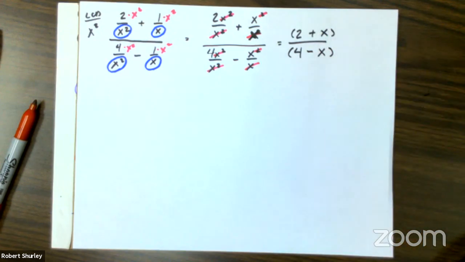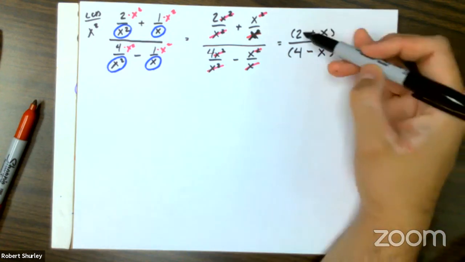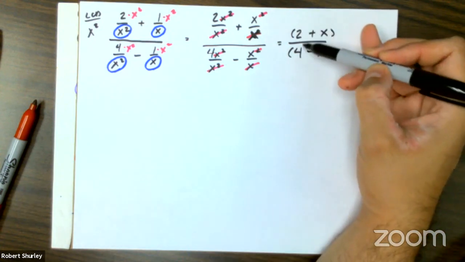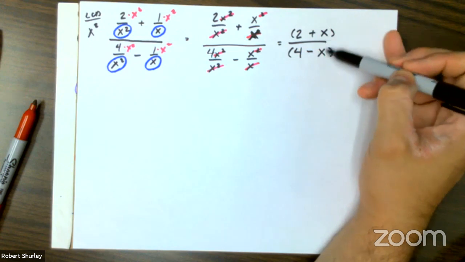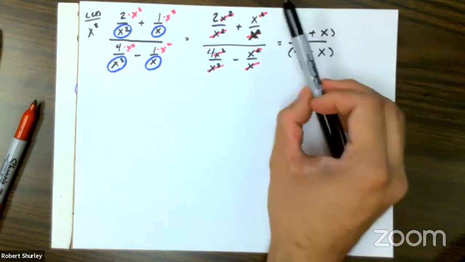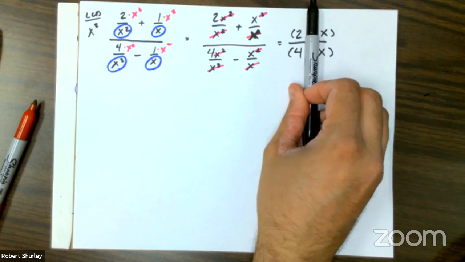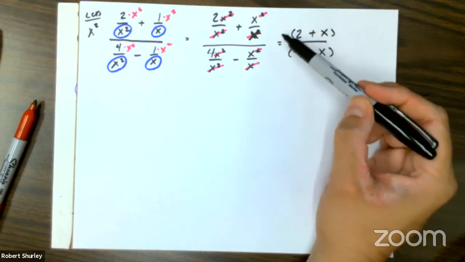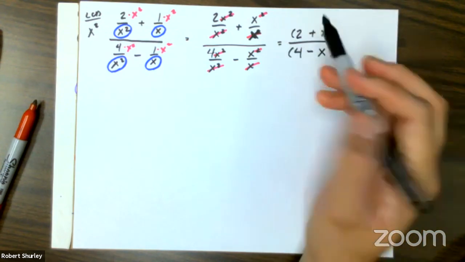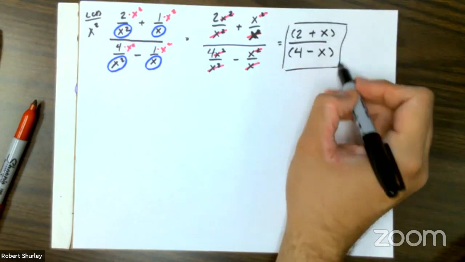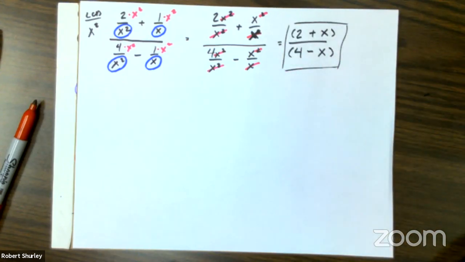That would be the most common mistake I would see on this test, okay? You guys wanted to keep going because your brain thinks 2 over 4 and x over x simplifies, which it would if we didn't have subtraction or addition there, okay? It totally would. But this is an entire factor, and this is an entire factor. So we're done. This is it, okay?